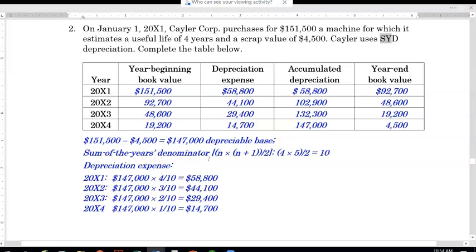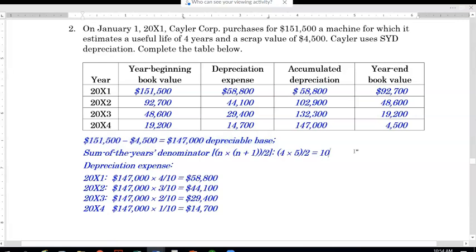So first of all, what is my depreciable base? My depreciable base is original cost minus estimated residual value, gives me $147,000 depreciable base. As long as I know what is depreciable base, then I need to calculate the denominator.